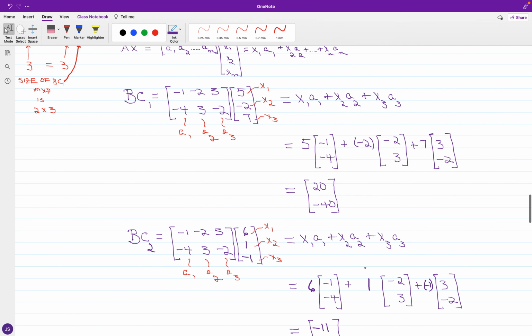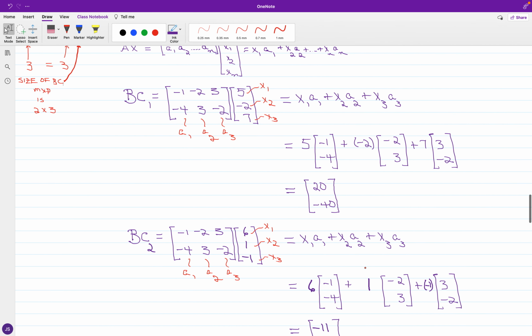And then for the remaining column, if I take B and multiply by the last column from C, again we have the values 4, 0, and -3. And if I have 4, 0, and -3 as the scalars, that will be multiplying each matrix respectively, A of 1, A of 2, and A of 3.